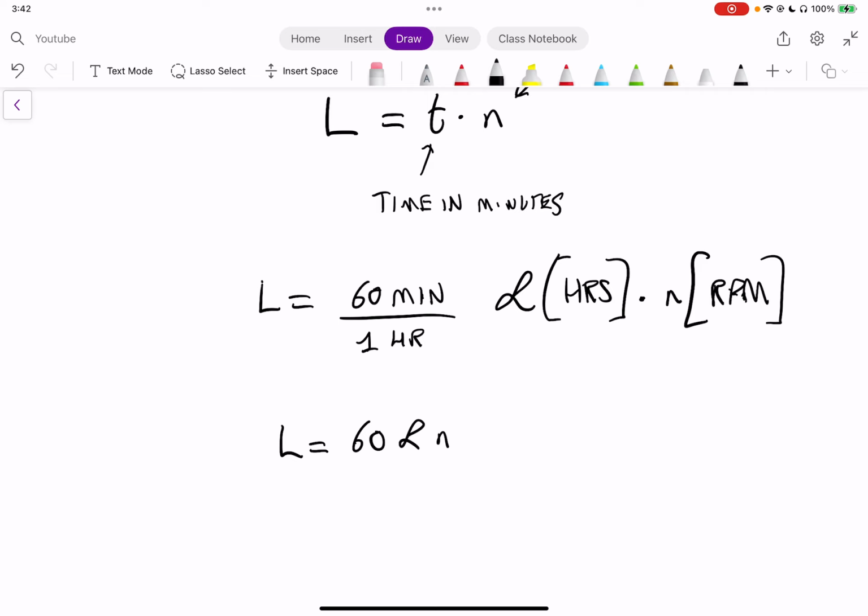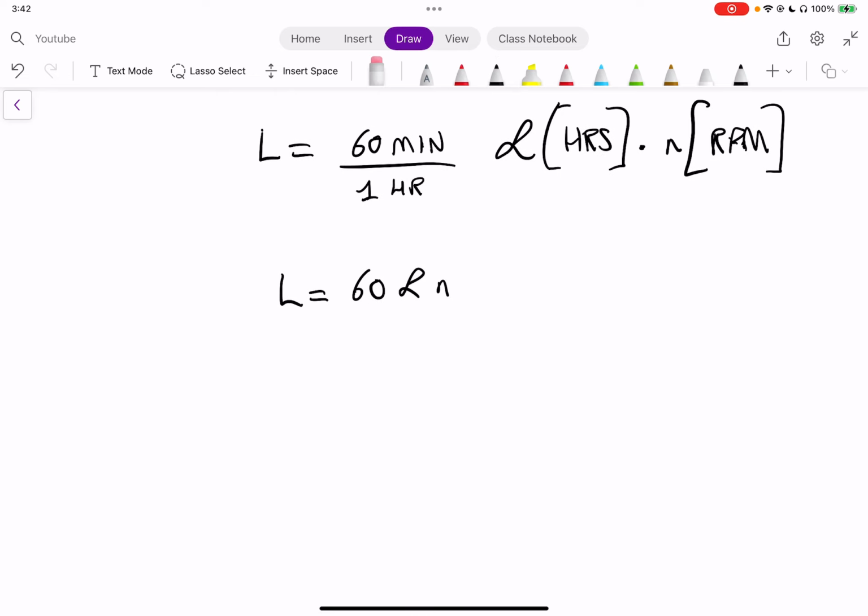Okay, so we're just going to convert our life from basically our hours to our revolutions if we want to through the cursive notation.